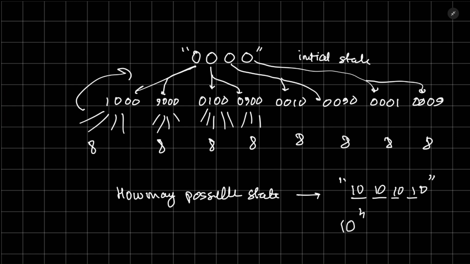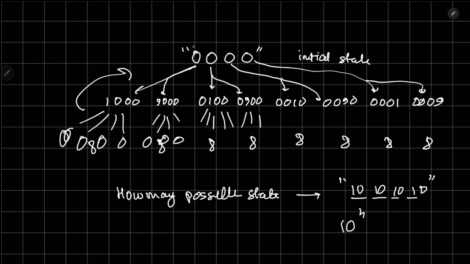One thing to note here is that we cannot find the answer through DFS, because as we expand from here we will get different states. Here there will be 8 states, and here again 8 states.